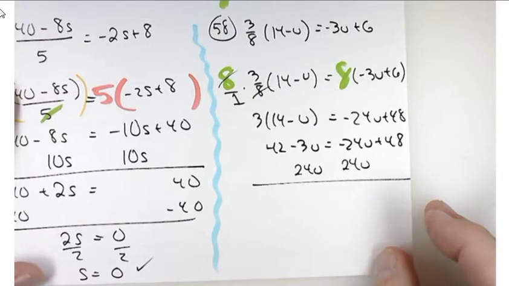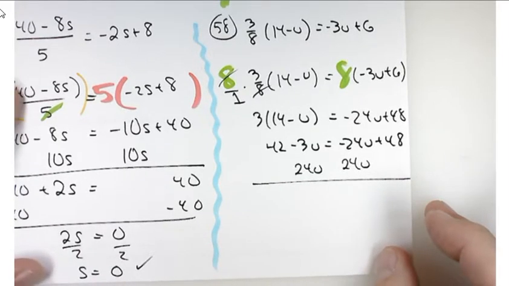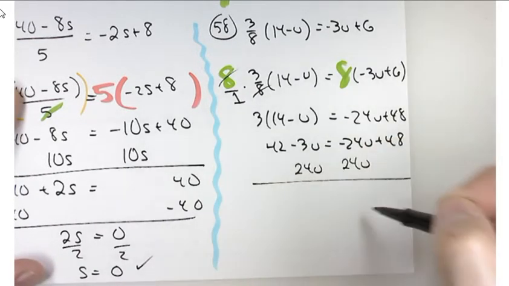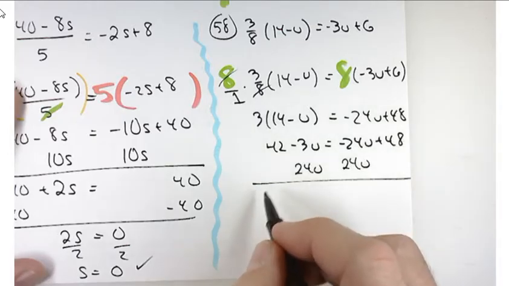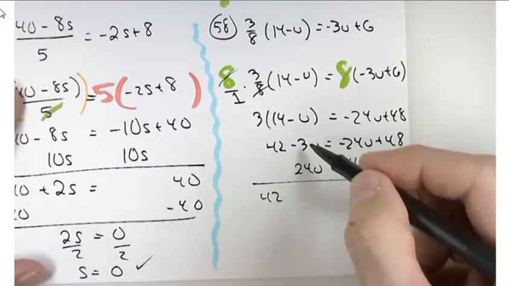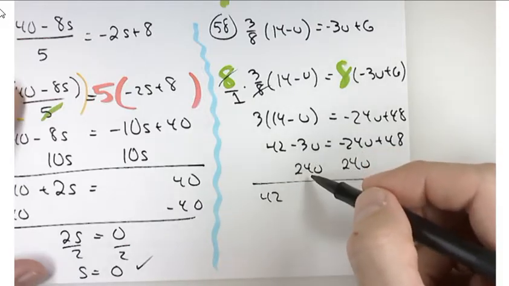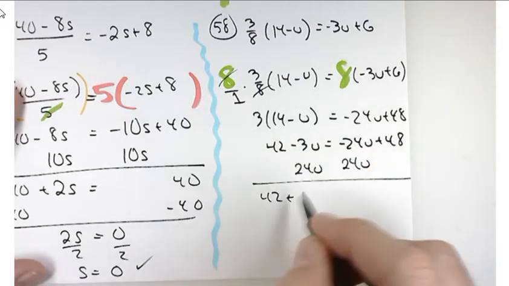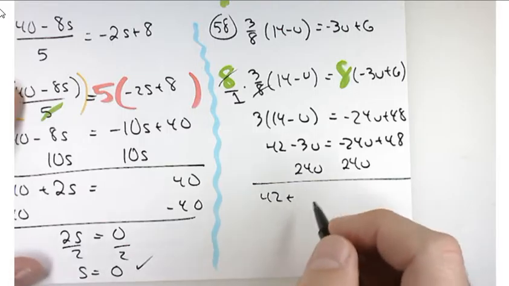Dino, what equation would I get? 42. What's negative 3 plus 24? 21.